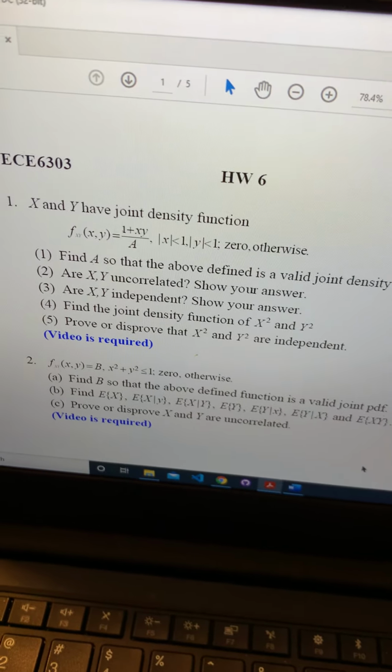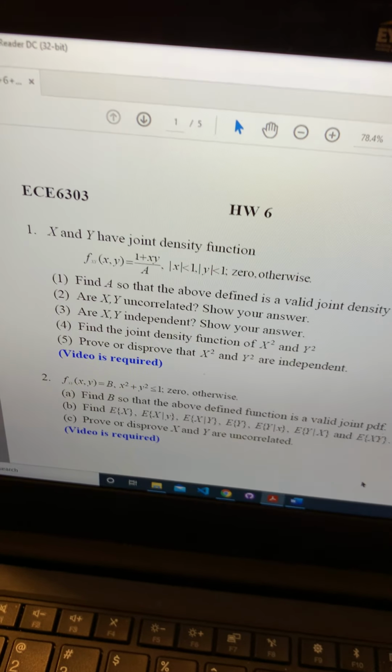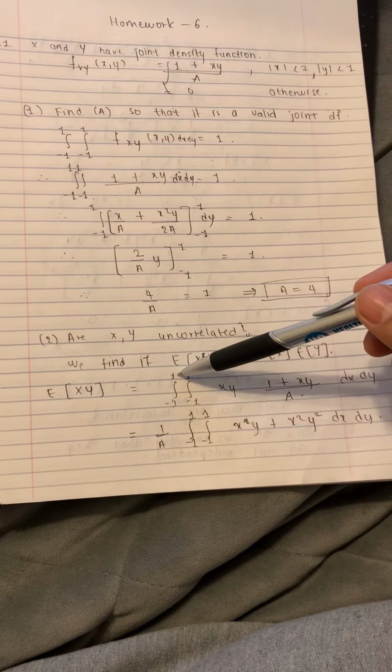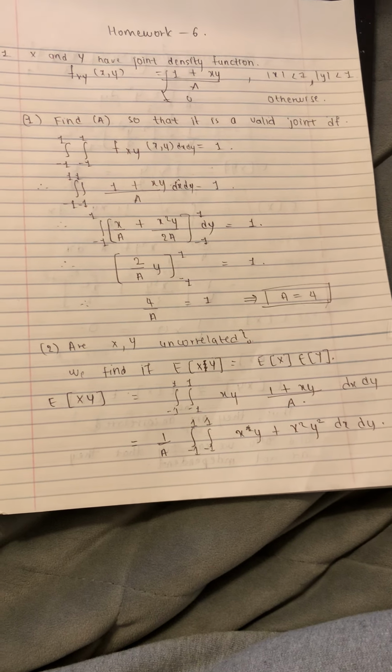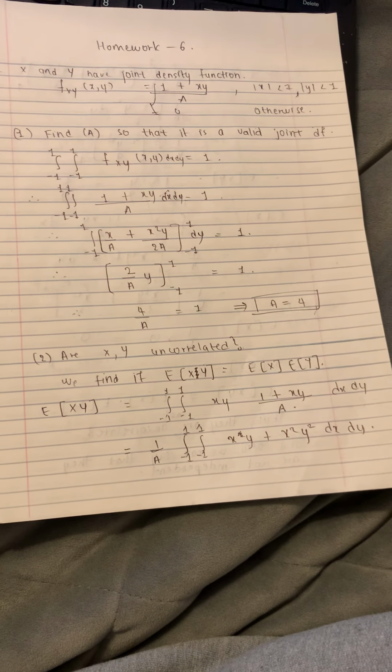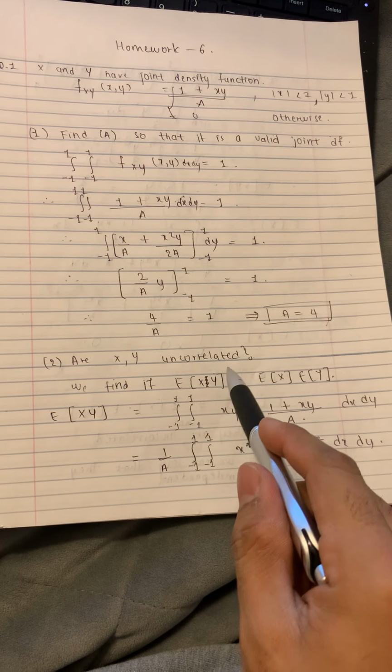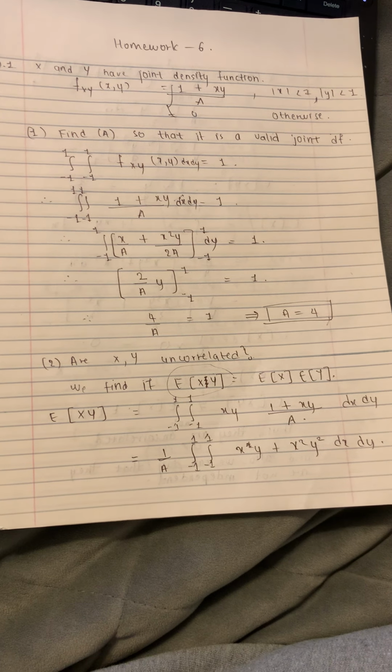In the second subpart we find whether x and y are uncorrelated. To find if they are uncorrelated, the simple formula is that the expected value of xy should be equal to the expected value of x into the expected value of y. So first we start by finding this.